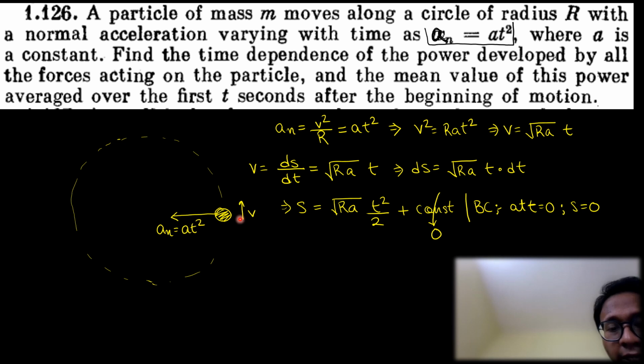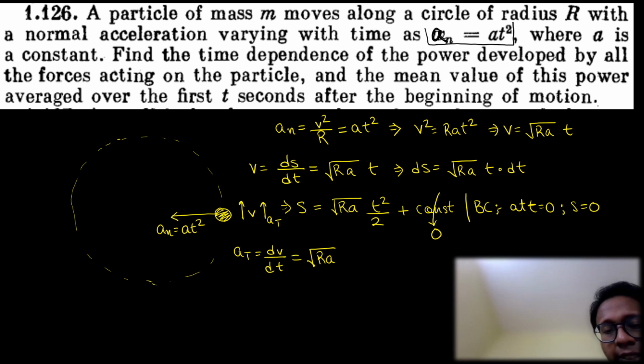Now I need to find out the tangential acceleration, because velocity is also increasing as it moves along the circular orbit. So there is a tangential acceleration, and tangential acceleration is nothing but dv by dt. What is v? v is nothing but under root of r a t. So if you differentiate this term with respect to t, what will you get? You will get under root of r a.